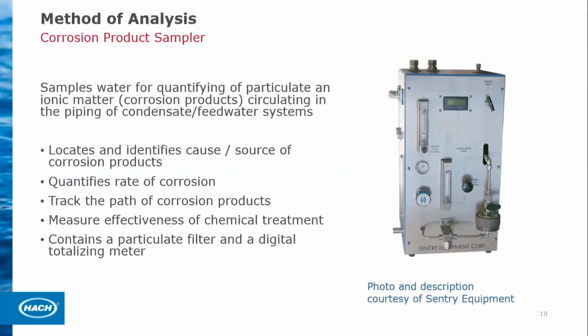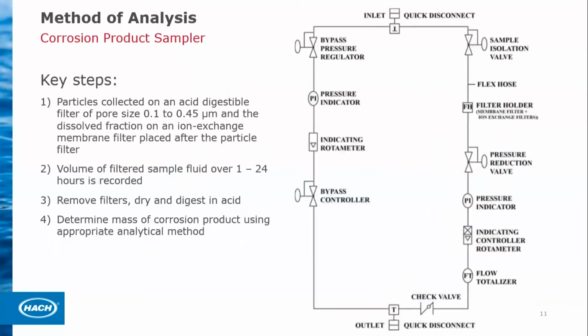A corrosion product sampler. This is, again, a method used by a lot of facilities. What it does is it collects corrosion products, it quantifies the rate of corrosion, and it can be an effective method. It's certainly better than just doing a grab sample measurement. And so we put it up here as one of those methods. Here you will see a schematic of that and some key steps.